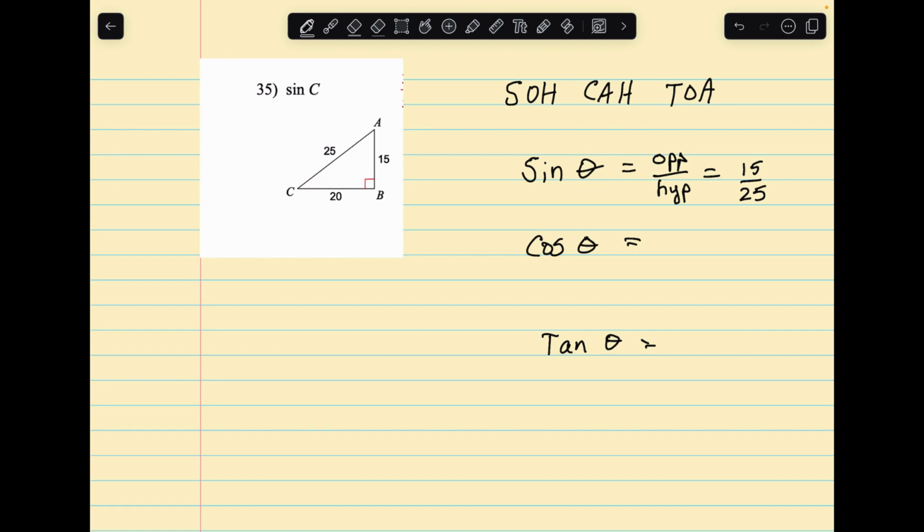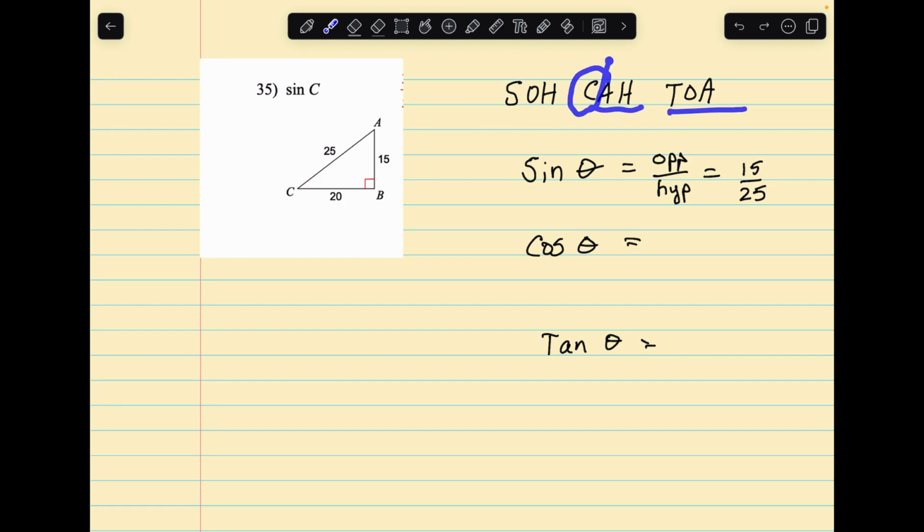Now, just out of curiosity, we're looking at sine C here. But what if I wanted to try to do it in cosine or tangent? Because those are 2 other trigonometric functions. So that's when these come in.